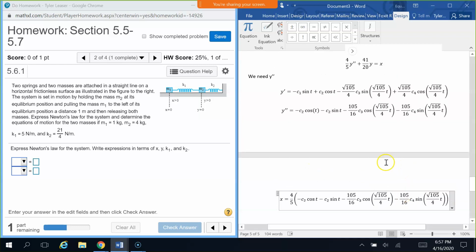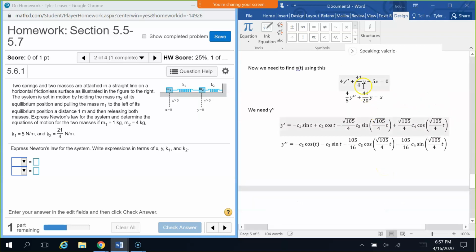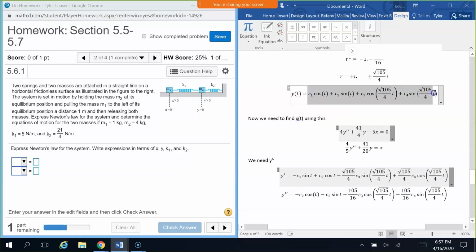Okay, that plus 41/20 times the function itself, which was up here.